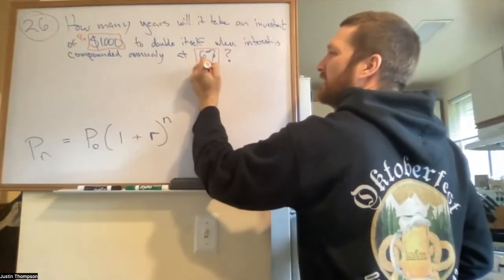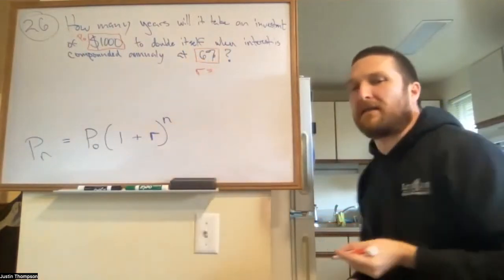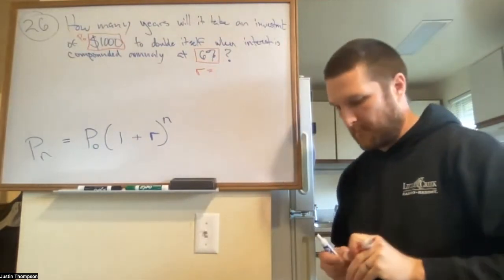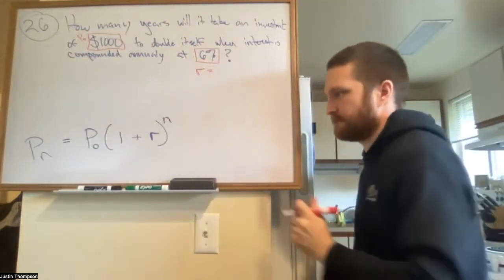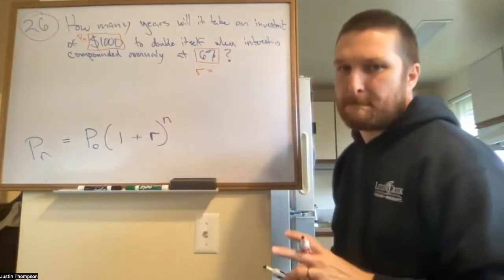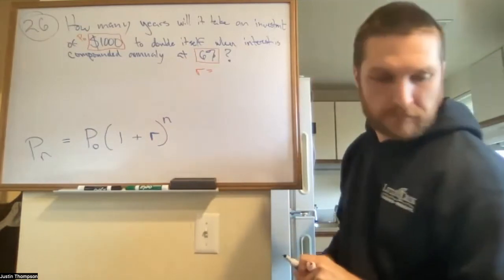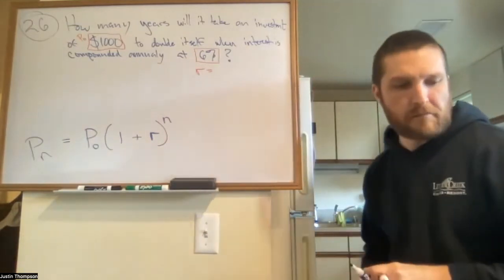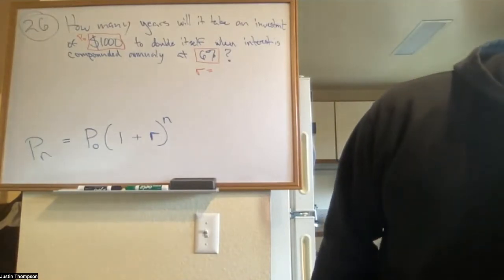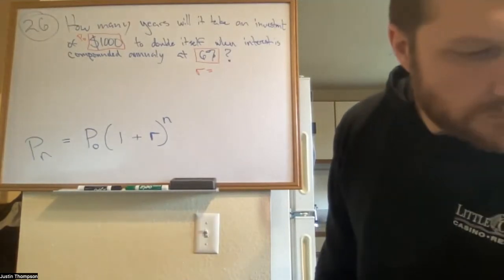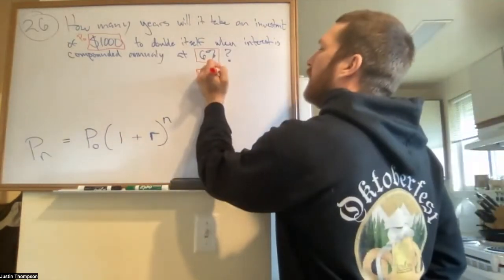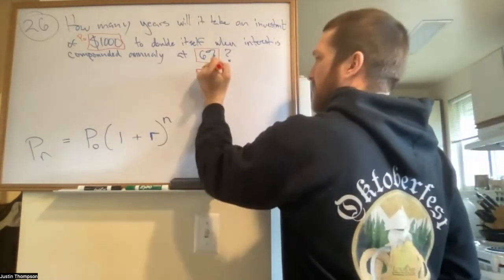And so that means r equals what in terms of a decimal? 0.06, right?